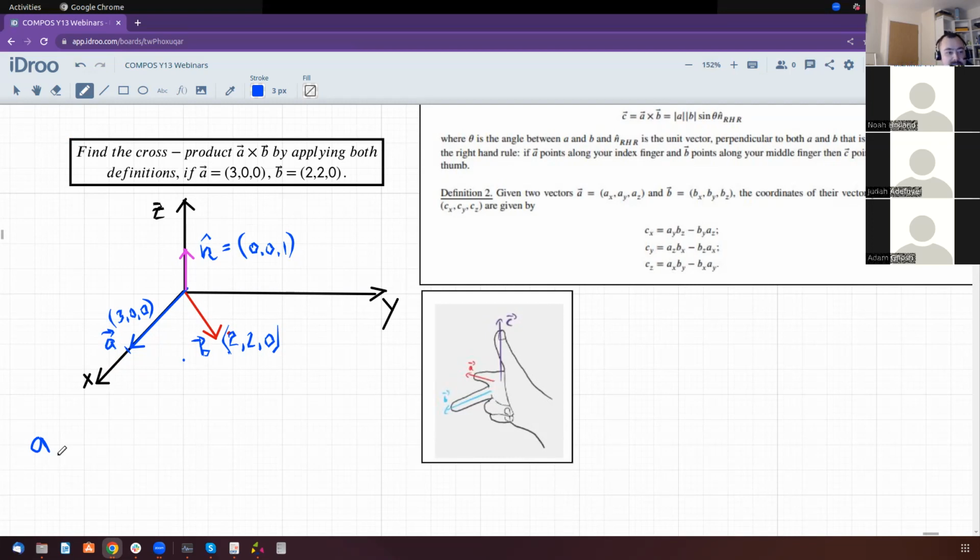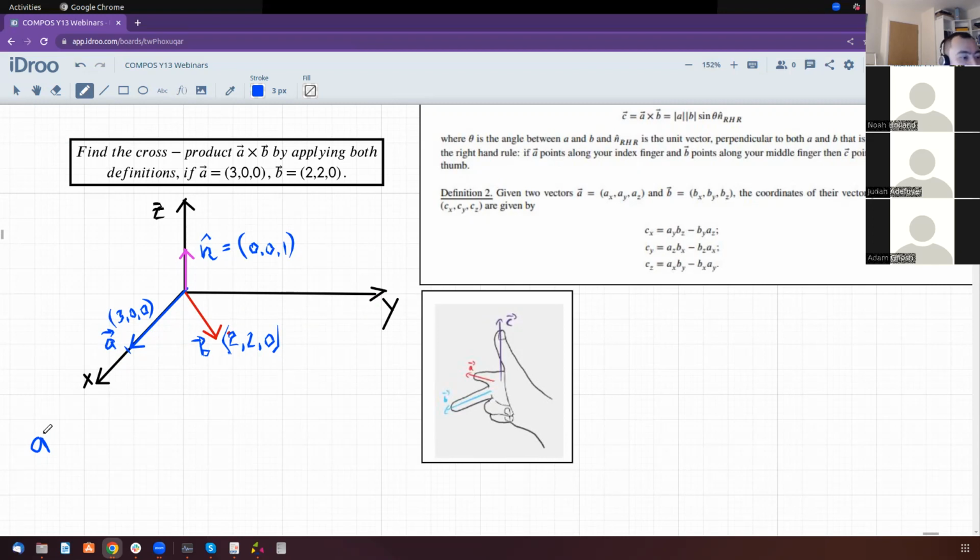So if we're looking from above, A to B turns anti-clockwise, and that's how we determined whether it's correct or not. But this way it's the right-hand rule. So it's by definition. Okay.